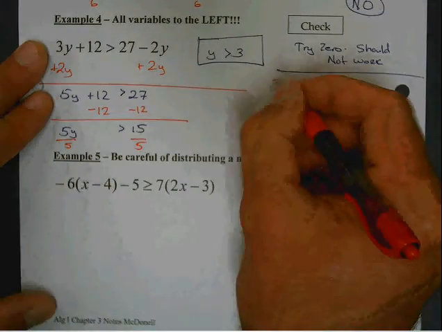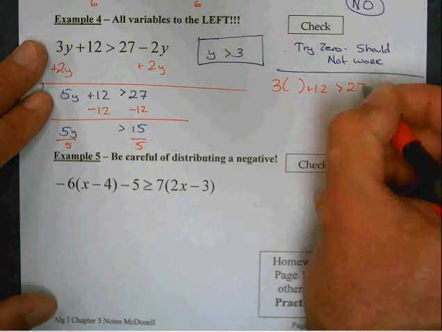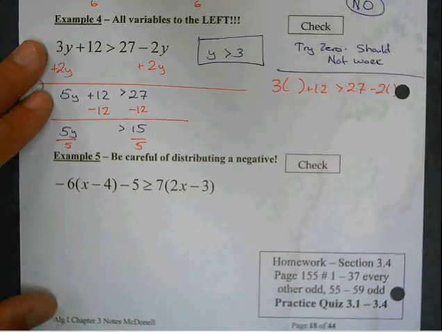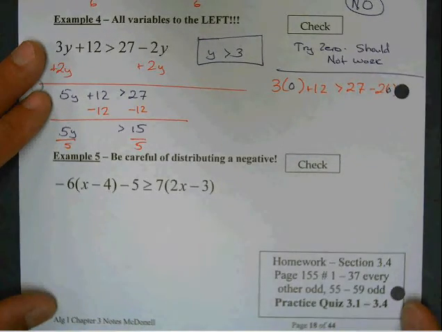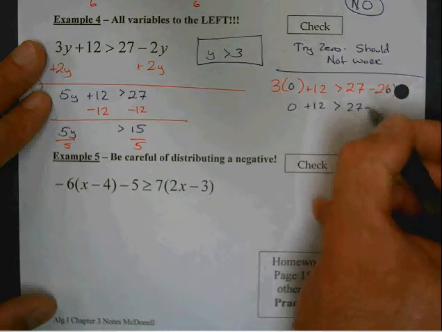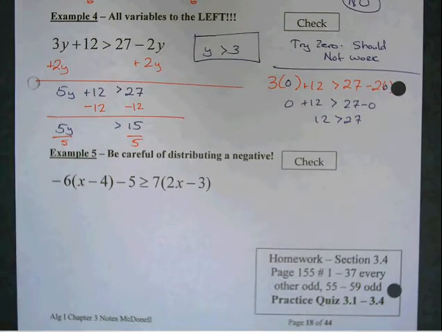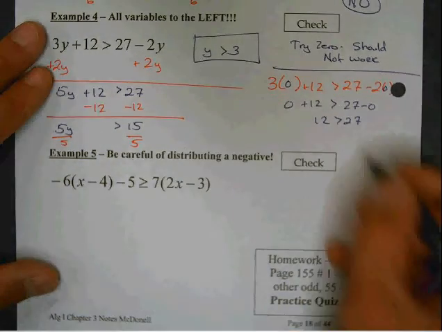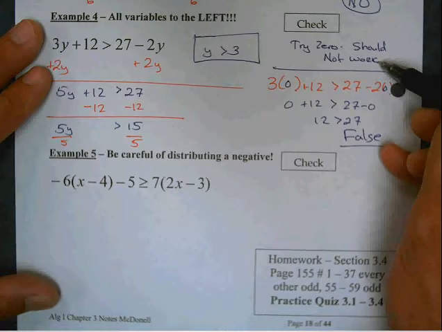So 3 parentheses plus 12 is greater than 27 minus 2 parentheses, and we're sticking a 0 in there. 0 plus 12 is greater than 27 minus 0. Is 12 greater than 27? Is that true or false? That's false. Is it okay that that's false? Yeah, because we wanted it not to work.